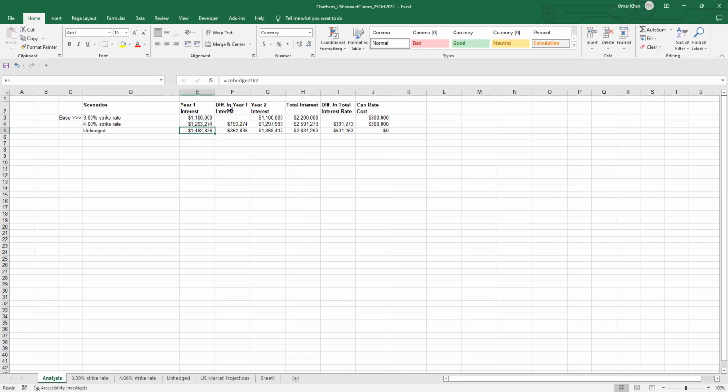But if we went totally unhedged, we were totally naked, we would end up paying $362,836 more, right? I'm going to highlight this with some nice pastel colors here.